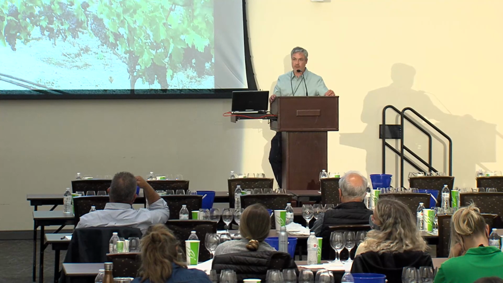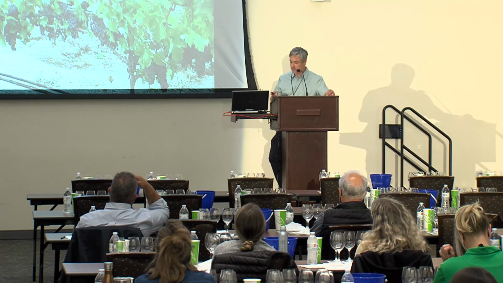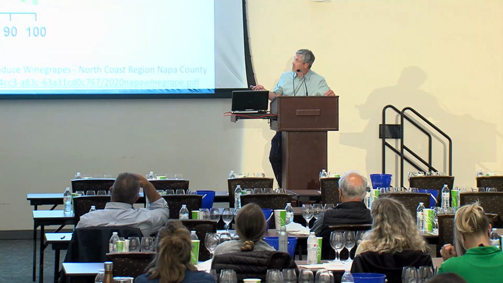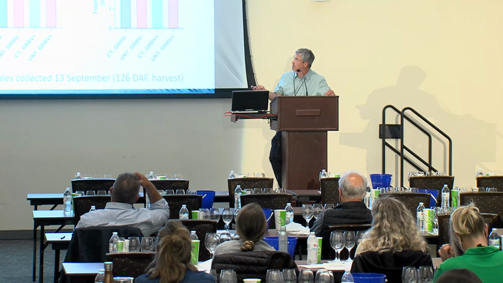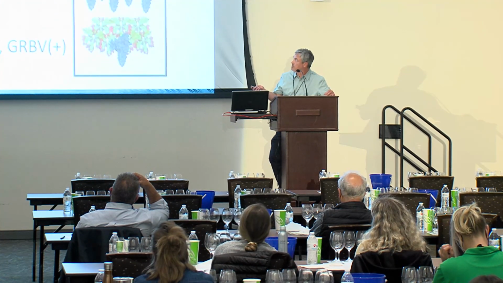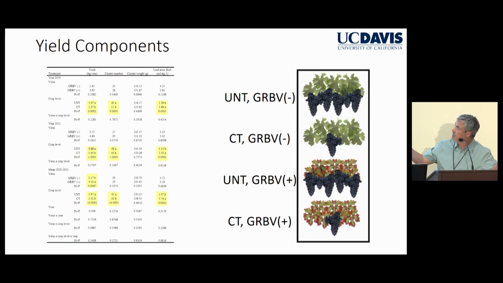Yes, sir. Did you see a difference of the canopy between the area that you cleaned the fruit and the area that you didn't? Yeah, so the question is, was there a difference in canopy with cluster thinning or without? That data is shown right here in this last column, leaf area to fruit.